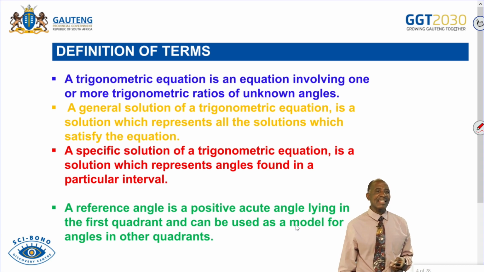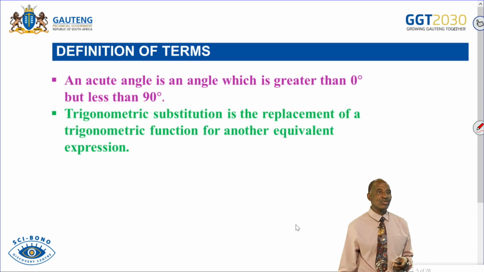Then a reference angle is always a positive acute angle lying in the first quadrant and can be used as a model for angles in other quadrants. In other words, after having found this reference angle, you can use it to generate other angles that make the statement true.